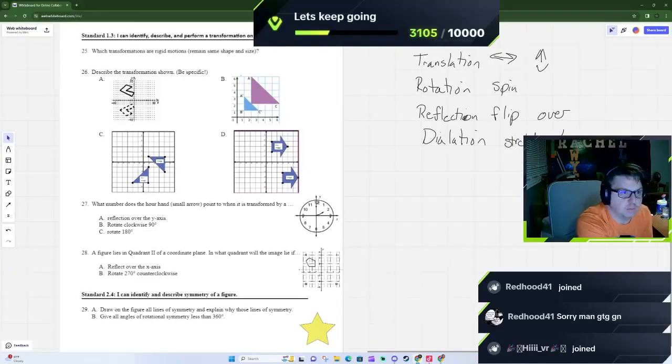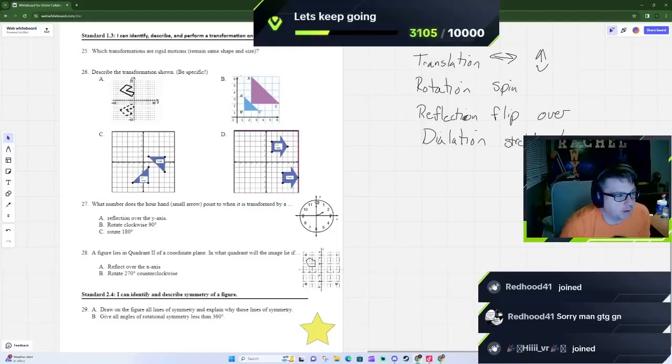If that's our case, when we look at this, do you see how this figure, there's what we call a pre-image and then an image. So our pre-image is where you start, and that's kind of like pre-game workout, it's before you do something to it. So the image, think about a camera. Once you take an image on your camera, it's not actually the original image, it's a copy of what you saw.